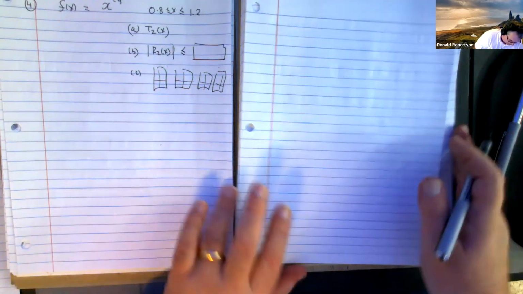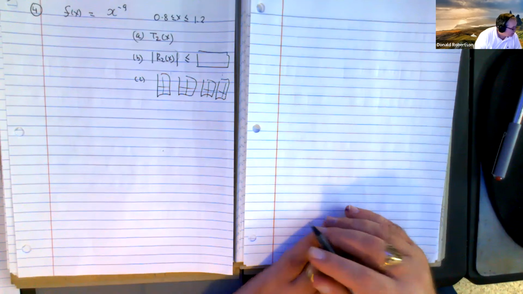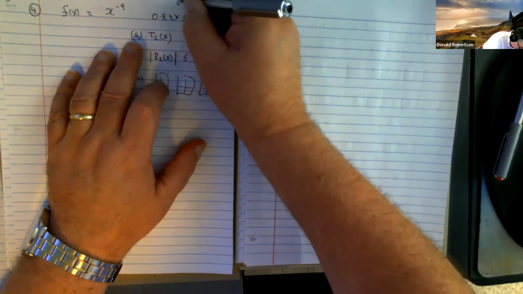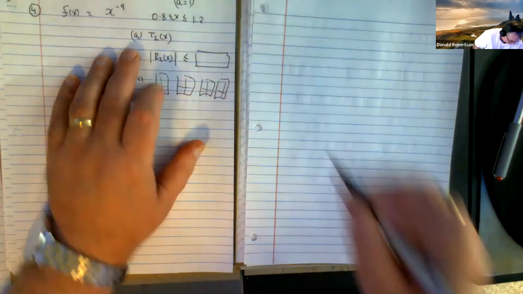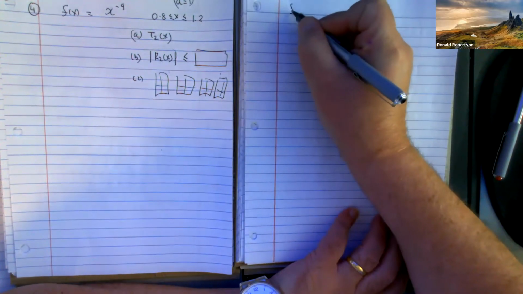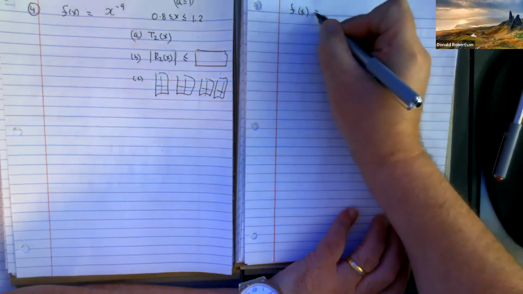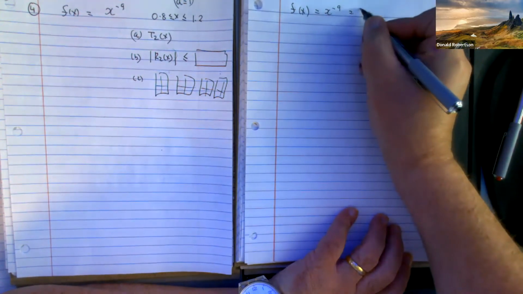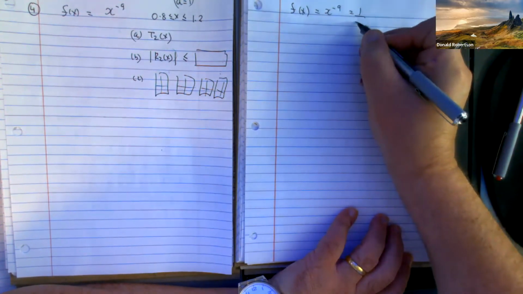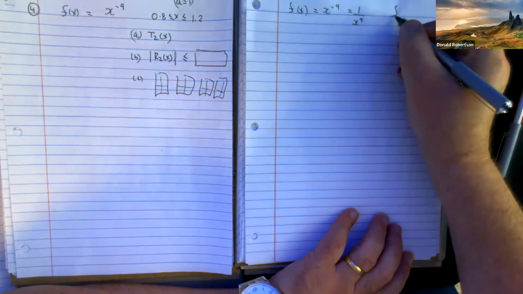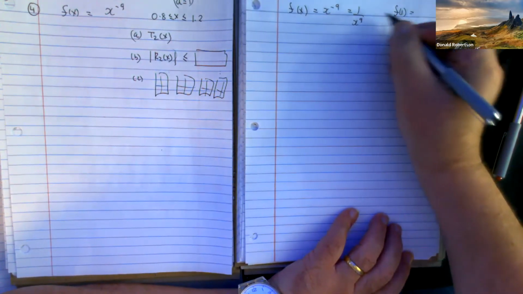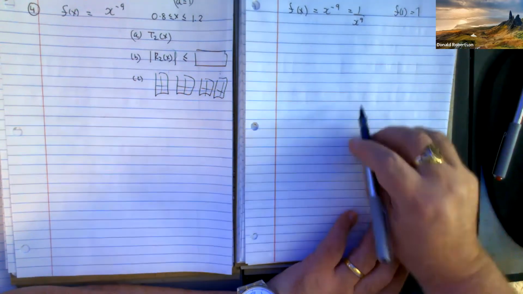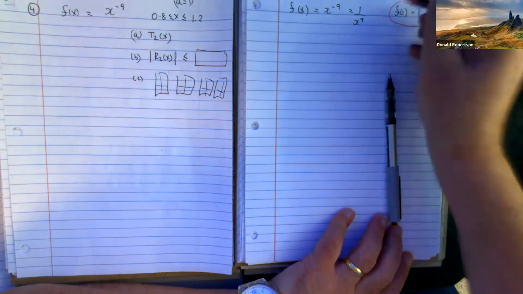Let's start with, well, the fact that we're doing T2 is kind of nice. And I forgot to tell you where it was centered. It's centered at 1. So f of x is x to the negative 9, which is fine. But it's kind of easier for evaluation purposes to call it that. So the value of the function at 1 is 1 over 1 to the 9, which is 1.